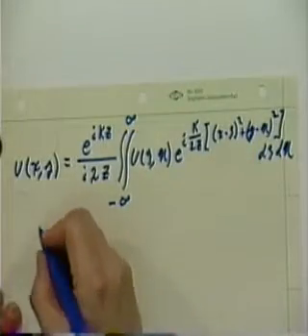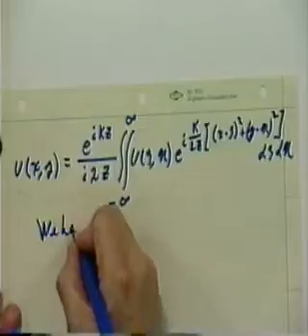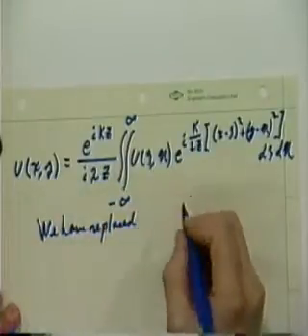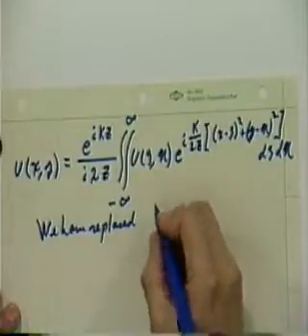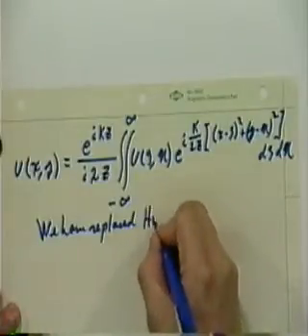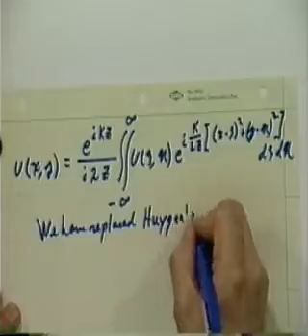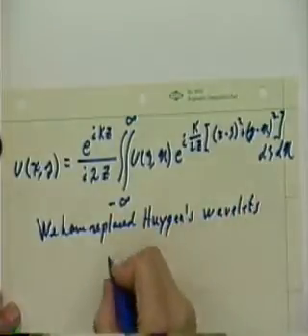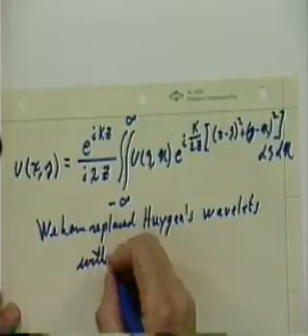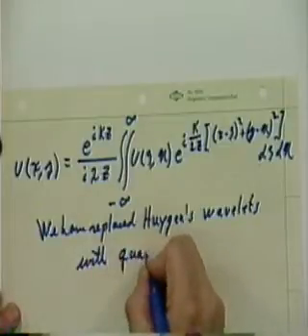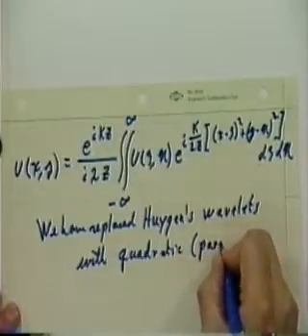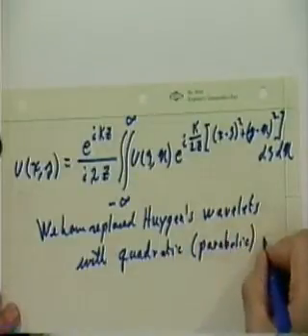Maybe I should write that down. So we have replaced the Huygens wavelets, or spherical waves, with quadratic, or if you like, parabolic waves.